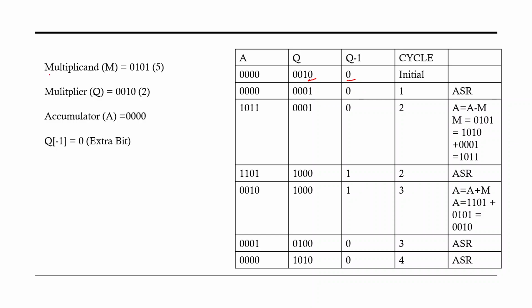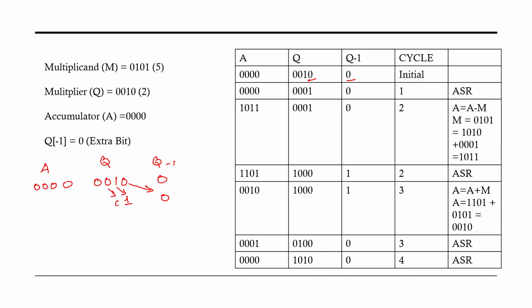So initially the A value is 0, 0, 0, 0, and then Q value is 0, 0, 1, 0, Q-1 value is 0. So after shift right, what happens over here? This 0 goes to this position, and then this 1 comes to the LSB.